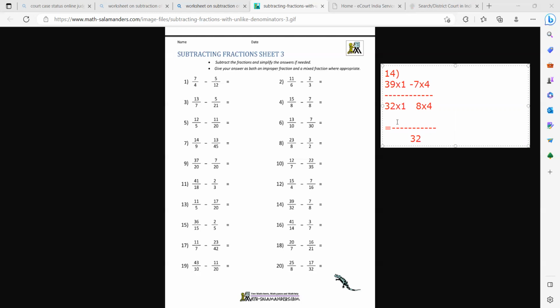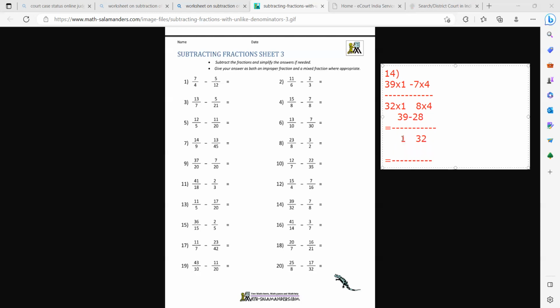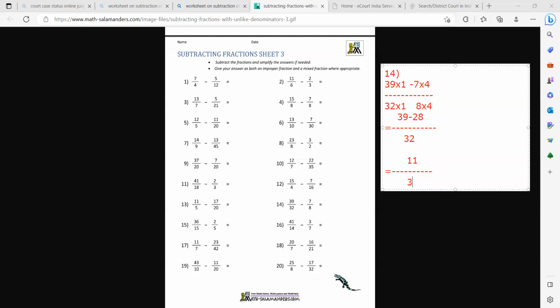And in the numerator we have 39 minus 28. 39 minus 28 equal to... 9 minus 8 is 1 and 3 minus 2 is 1. So 11 by 32. So this is the answer.